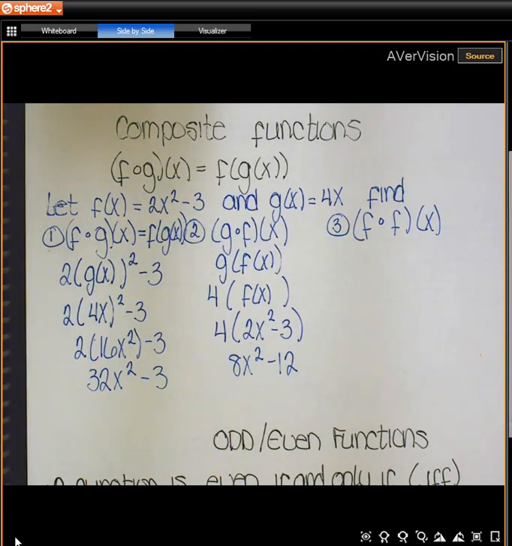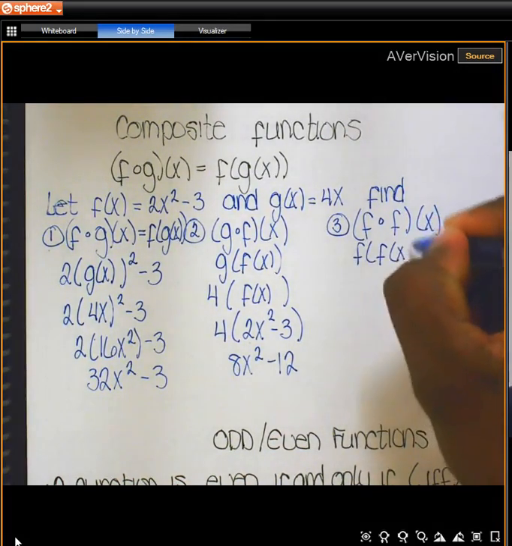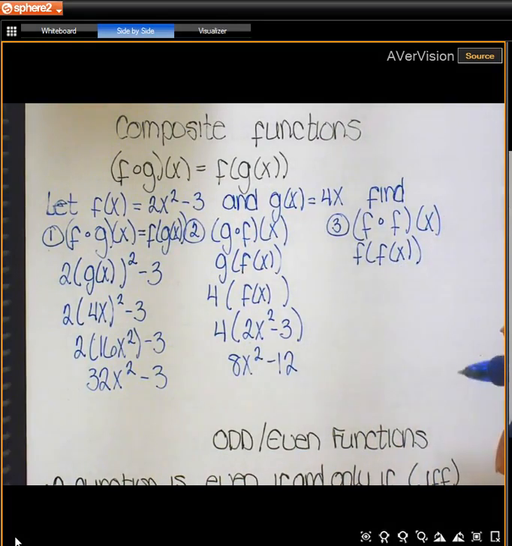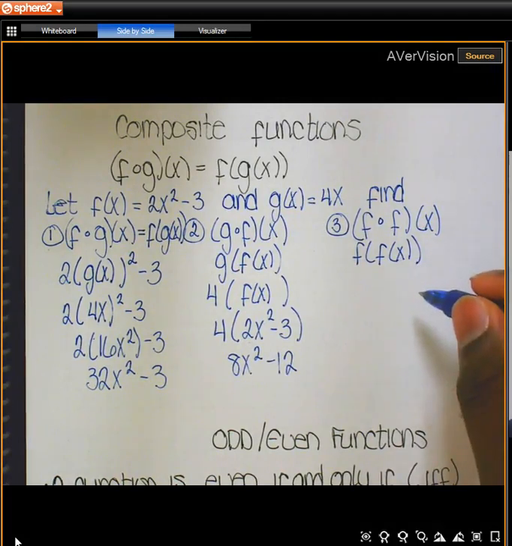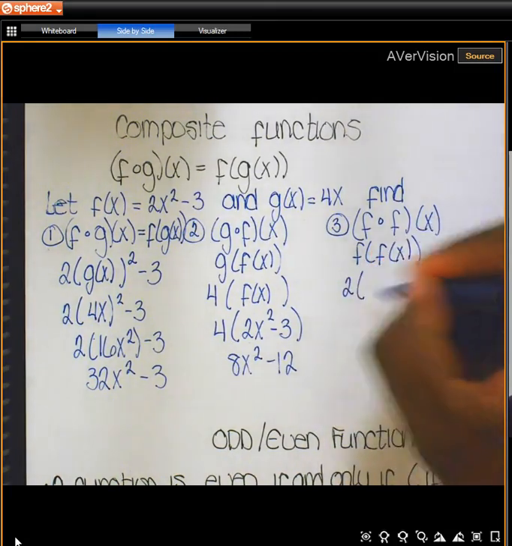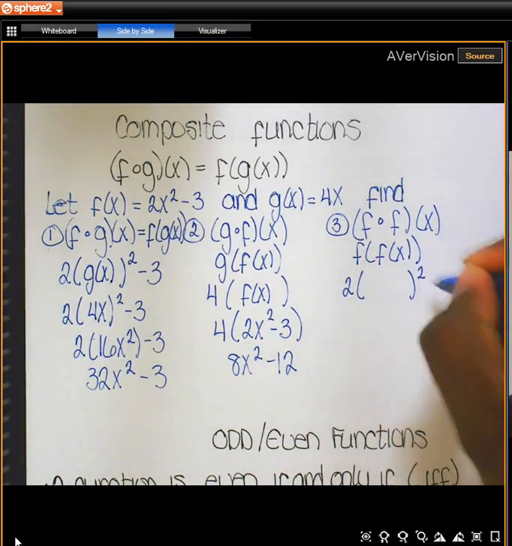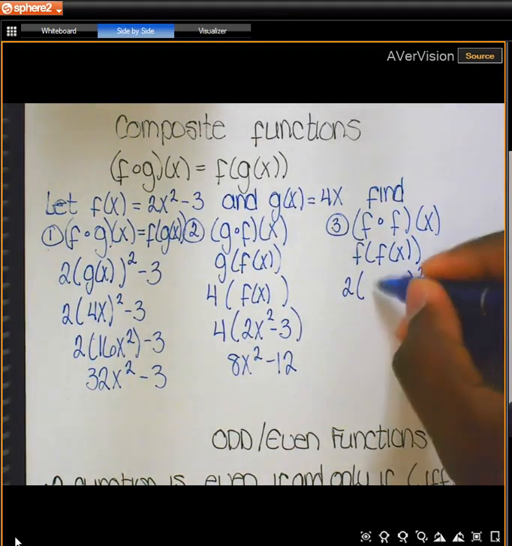All right, what do you get for f of f? So we're taking f and we're plugging f inside. What's the next step? Right. And what do we write inside?